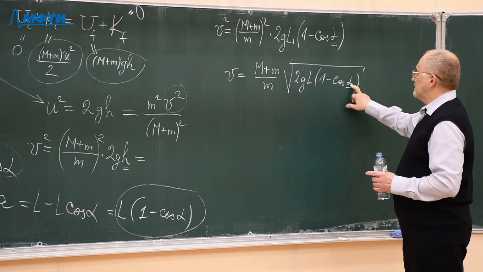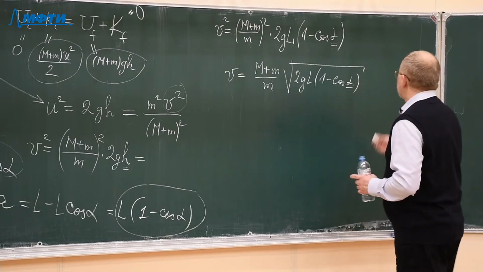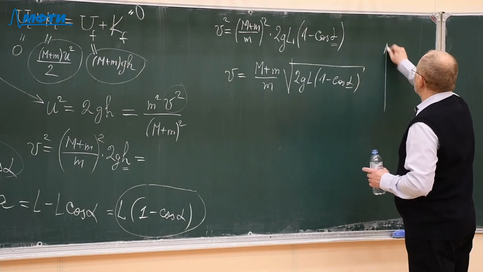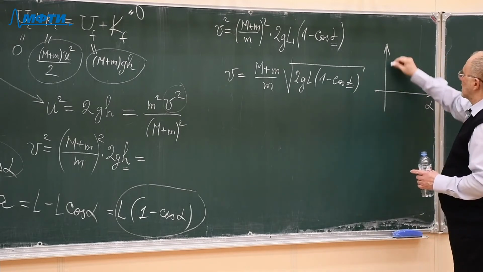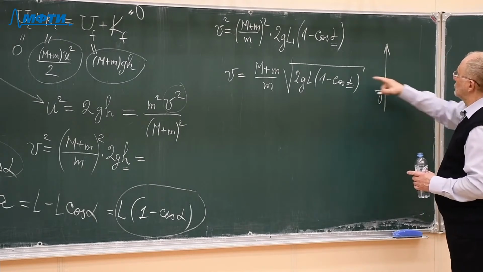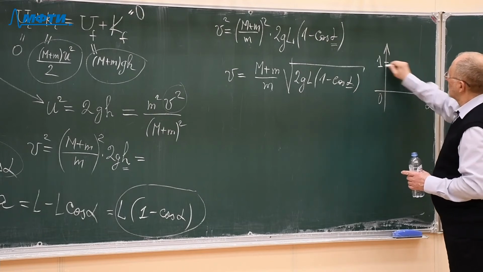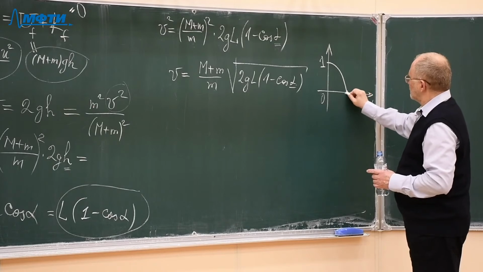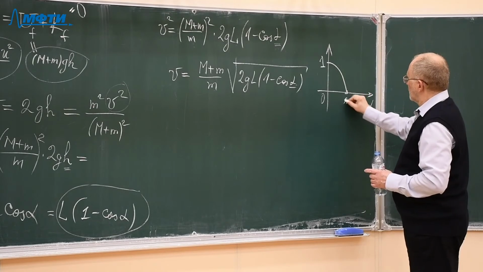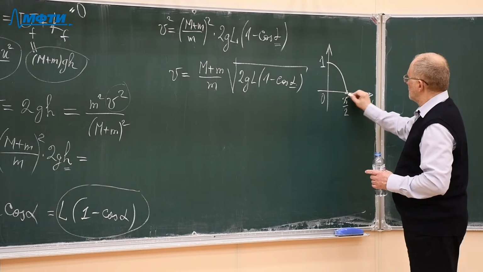If alpha is larger, then the cosine alpha. What is cosine? We know if alpha is 0, cosine is equal to 1. And then cosine goes like this. And for alpha equal pi over 2, this is 0.